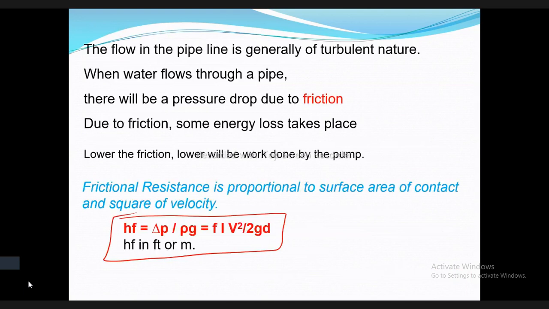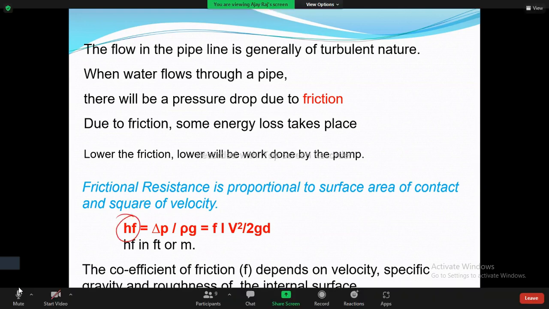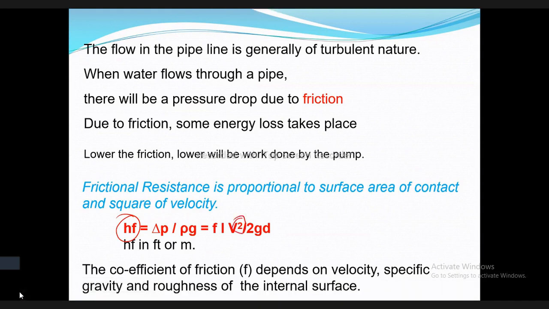So we were here. What I'm going to tell you here is basically that your pressure drop HF is basically proportional to the square of velocity, and because of friction, it is directly proportional.